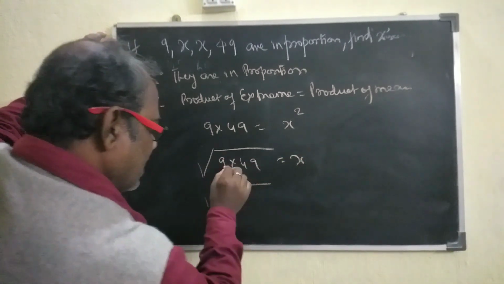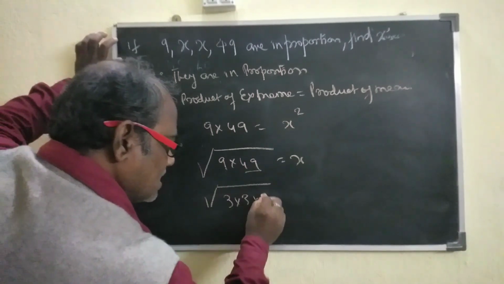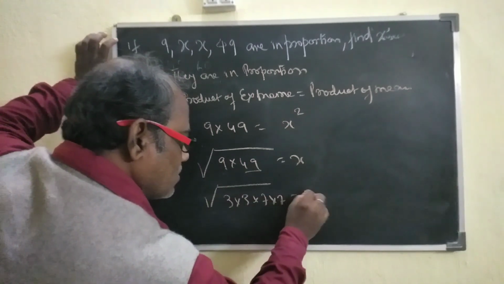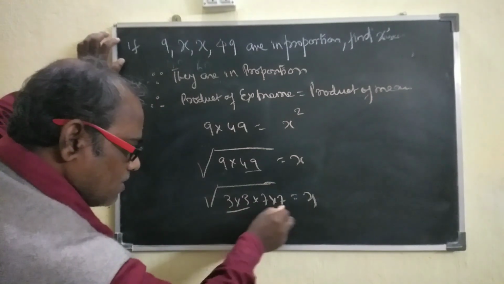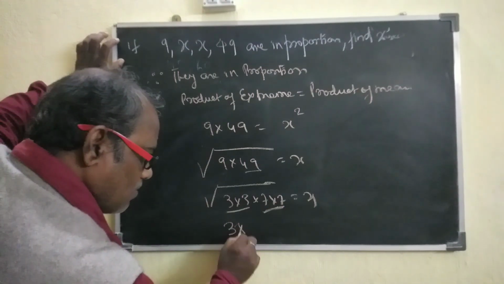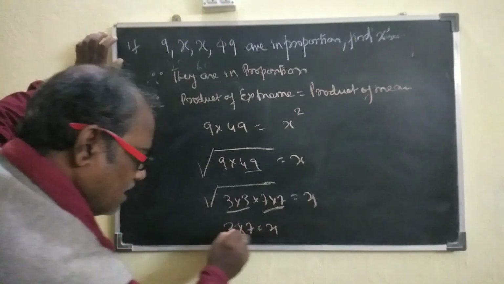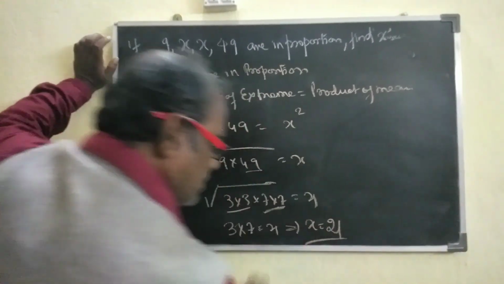Again here we can write 9 as 3 into 3 and 49 as 7 into 7 equals x. To take something out of the root, we must make a pair. So this is one pair which comes outside, this is another pair which comes outside. 3 into 7 is 21, that means x equals 21.